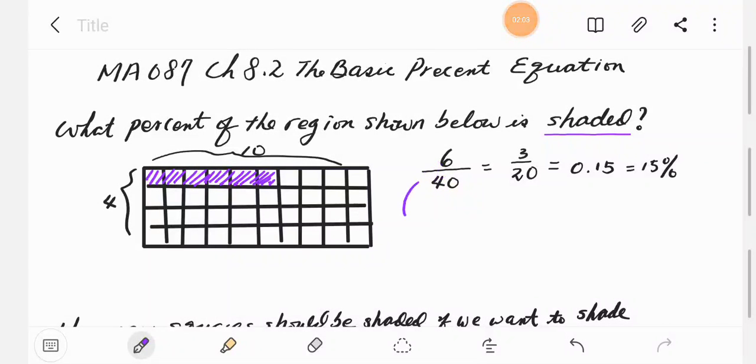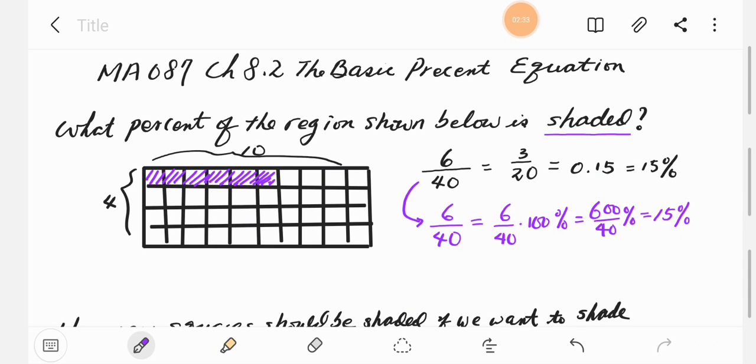Or you can multiply these 6 shaded squares out of 40 by 100% to convert to a percentage. Then there will be 600 out of 40%. So 600 divided by 40 is 15, so 15%, the same thing.